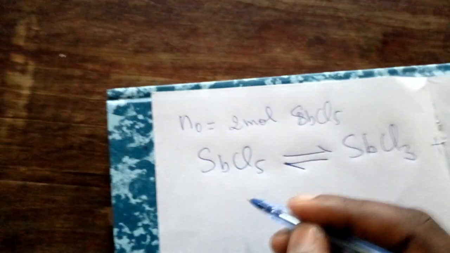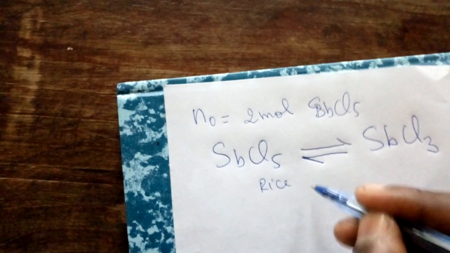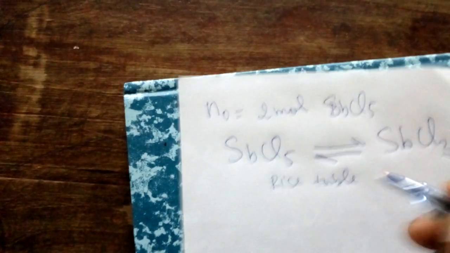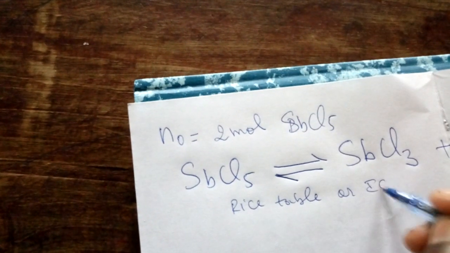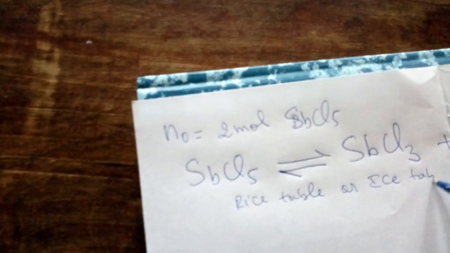It means that antimony pentachloride gives antimony trichloride and chlorine gas. For this purpose, we are going to use the approach called the RICE table, or ICE table.